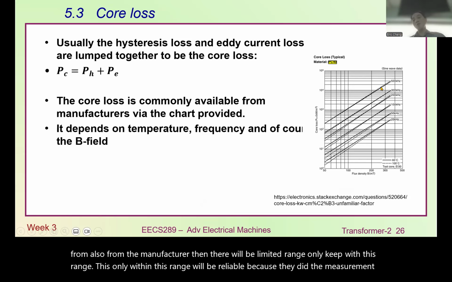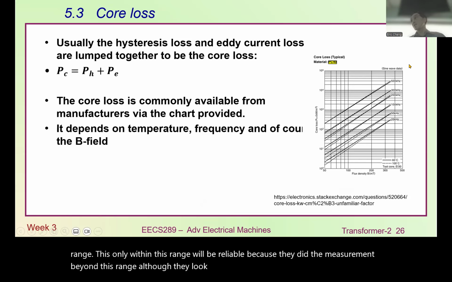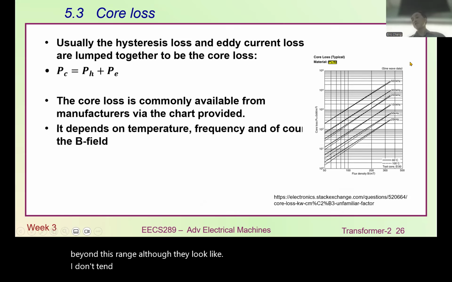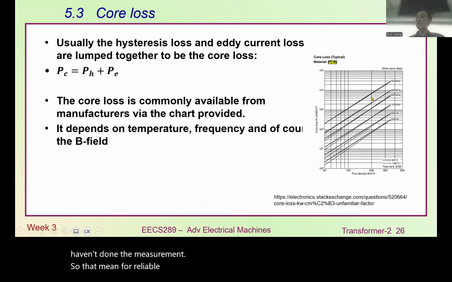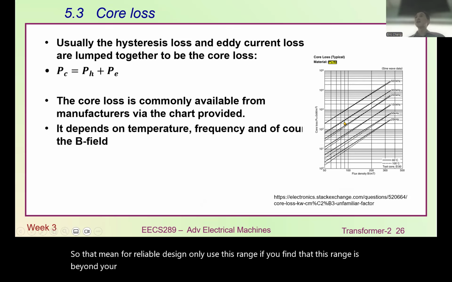Beyond this range, although it looks like a straight line, don't assume it continues as a straight line. It can be anything because they haven't done the measurement. So for a reliable design, only use this range. If you find that this range is beyond your design, you choose another core.